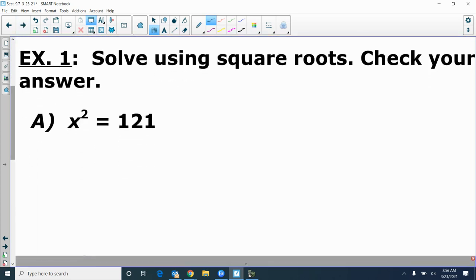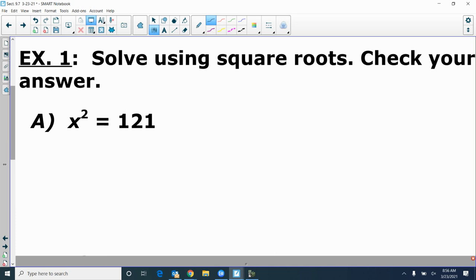Here's how this works. All right, I think I was going to jump to the examples. Okay, take a look at that first example. So x squared equals 121. You see where it's at? Okay, you got an x squared.